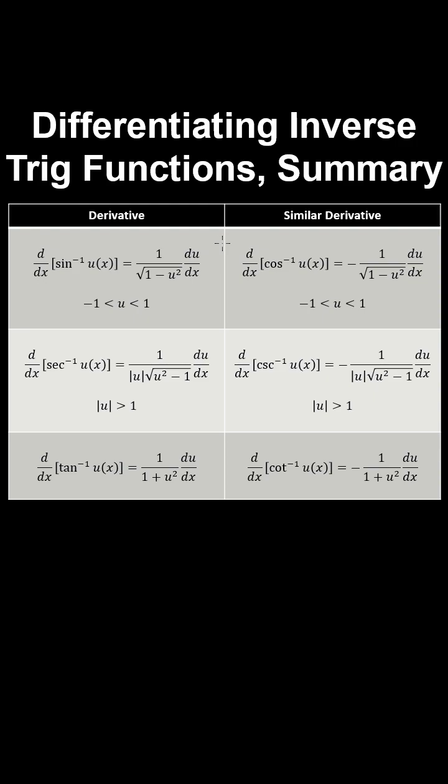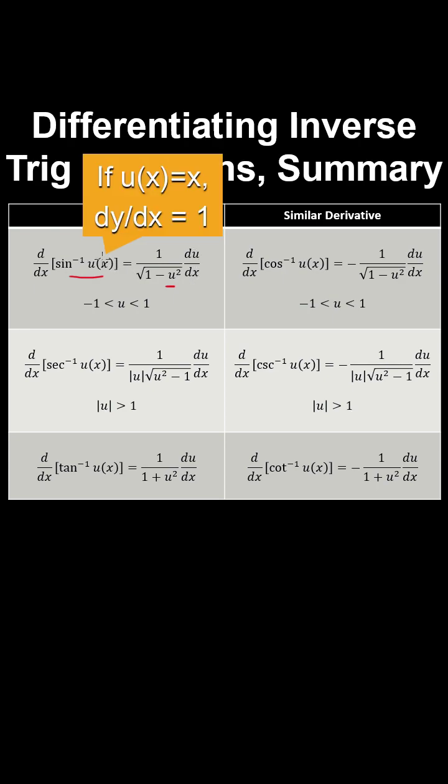Here is a summary that can help you remember the derivatives of inverse trig functions. So you don't want to be applying implicit differentiation all the time and using trig identities to obtain these expressions. So in general, the derivative of an inverse trig function is basically a function of u multiplied by du dx. So you can substitute u directly into the expression.